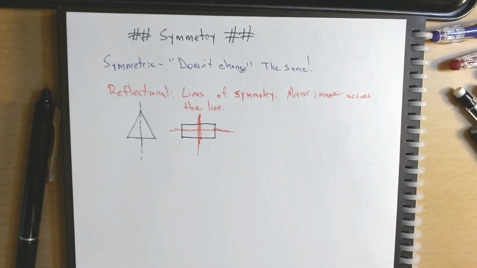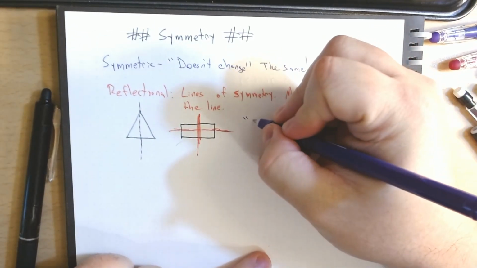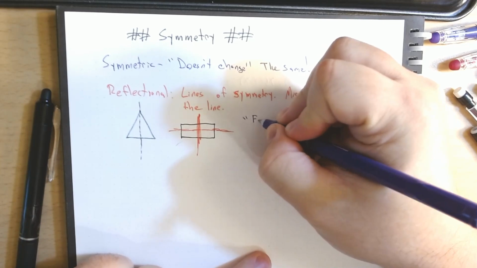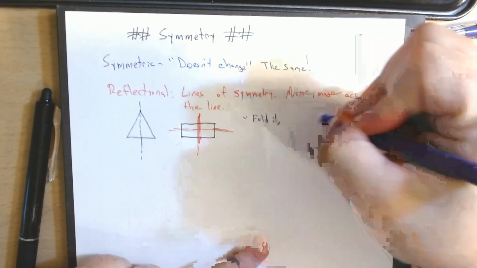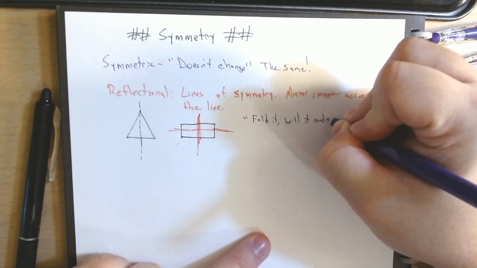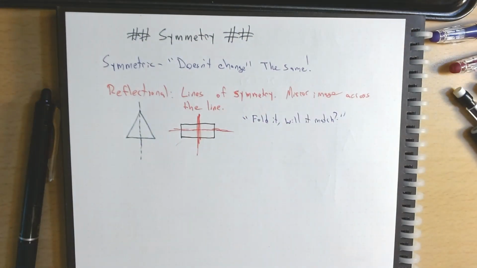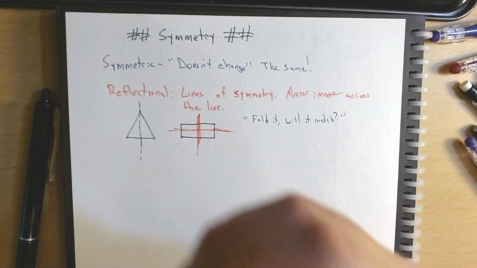So you're looking for a mirror image, and the thing to think about is if you fold it, will it match? The other thing you can have is rotational symmetry.